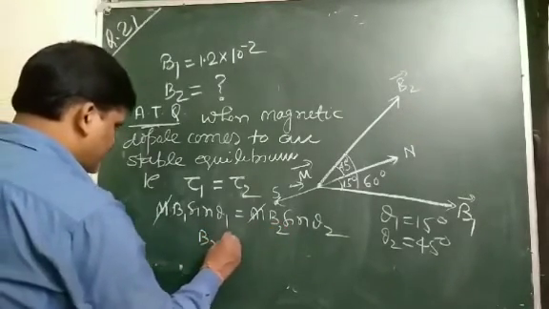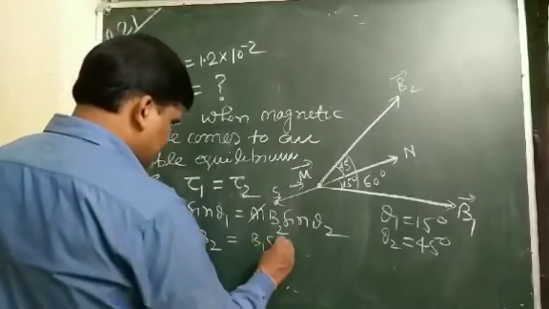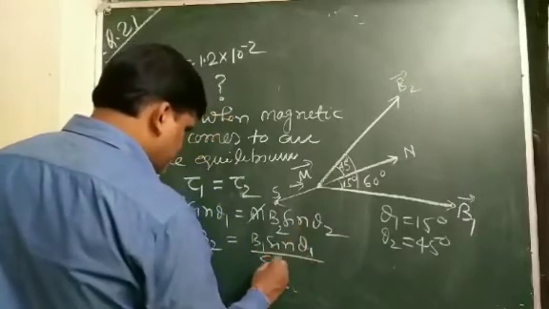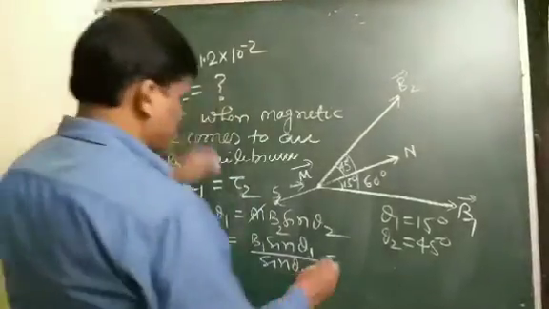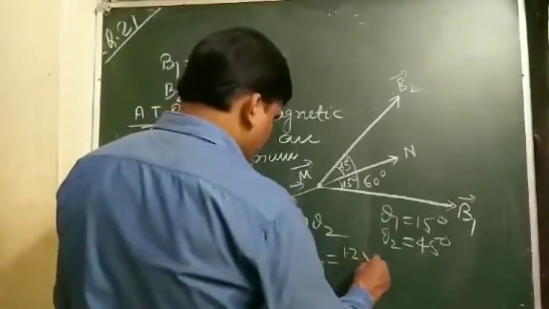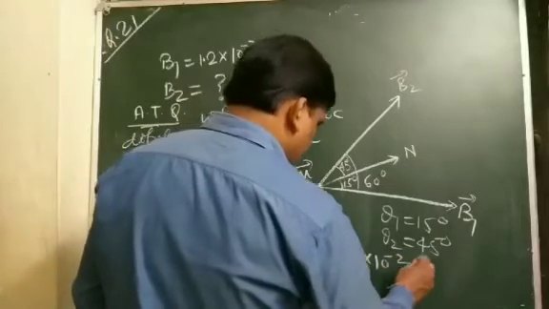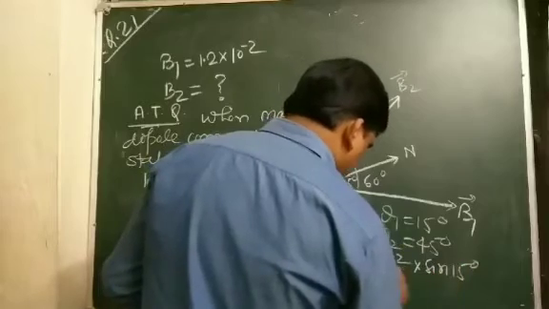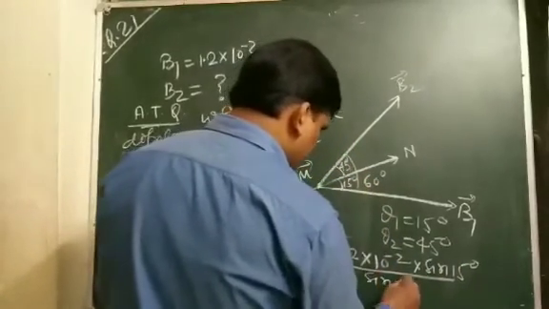So B2 can be written as B1 sin theta 1 by sin theta 2, and B1 is given as 1.2 into 10 to the power minus 2, times sin 15 degree by sin 45 degree.